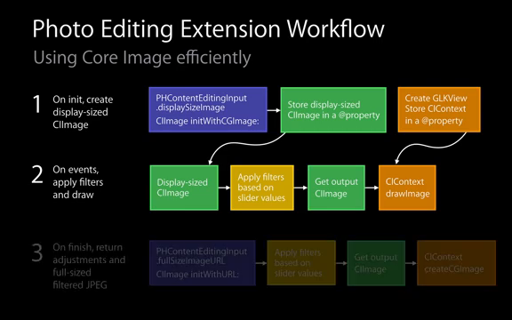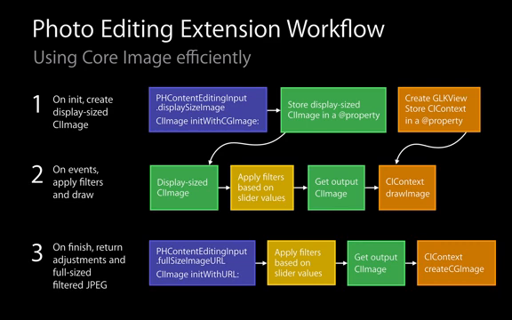And step 3 is what happens when the user clicks the Done button. And this is slightly different because in this case, you want to apply the effect on the full-size image. So what we have here is we can ask the editing input object for its full-sized image URL. From that, we create a CI image, and we apply the filters to this as well. Now, for the most part, this is the same as we did in step 2.